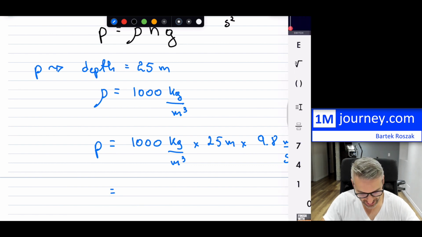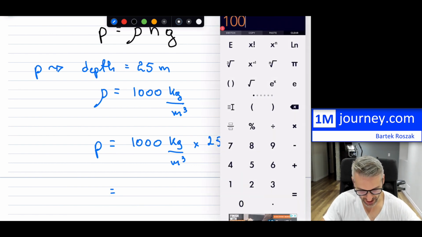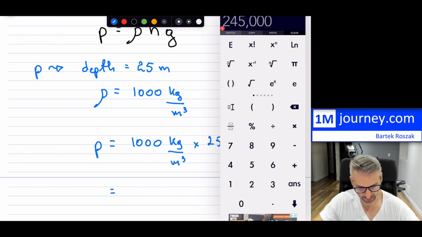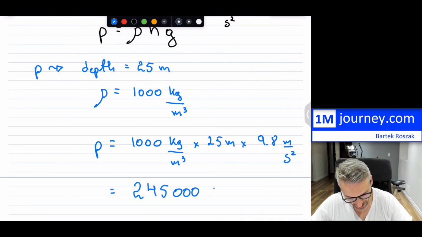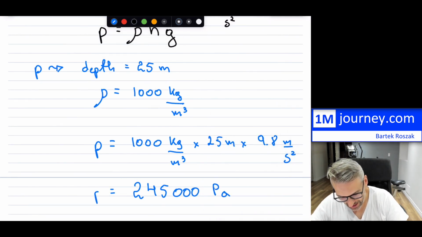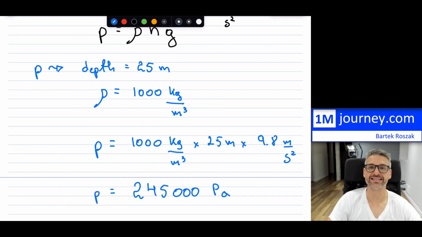So if I wanted to calculate this, I would just say 1,000 multiplied by 25 multiplied by 9.8. Now, it seems like it's a lot of pressure, right? So it's 245,000 pascals as the pressure at that depth.